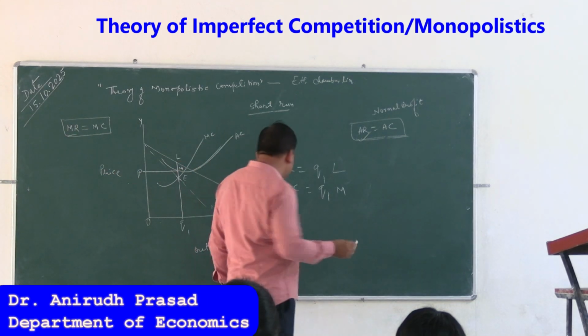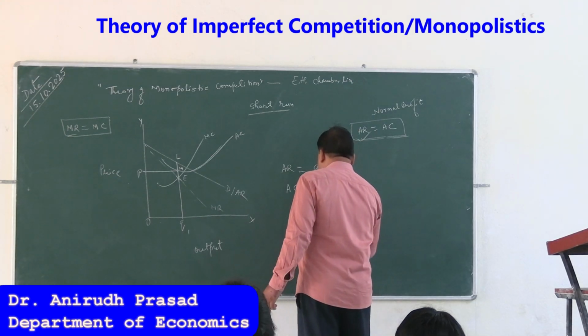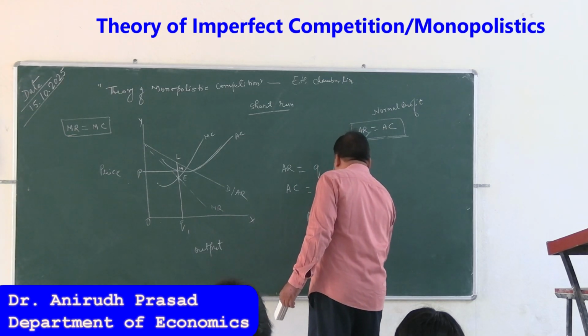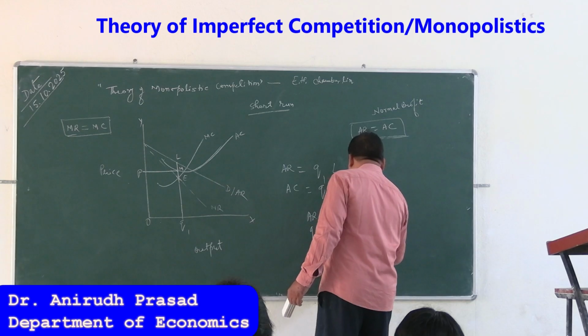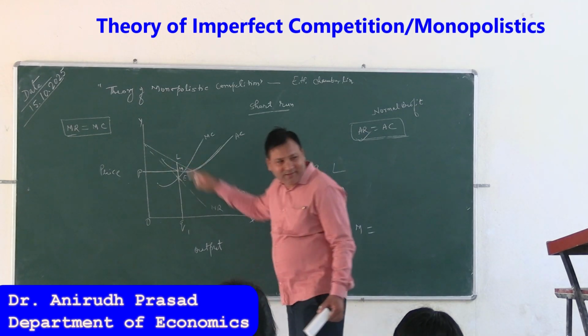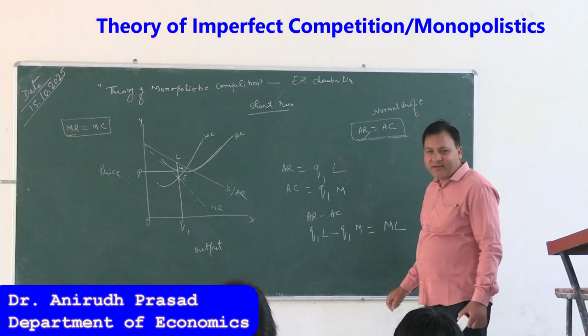So what is the difference? AR minus AC means Q1L minus Q1M is equal to ML.